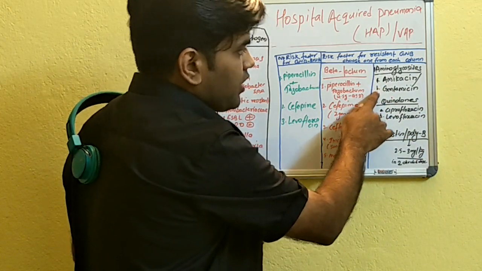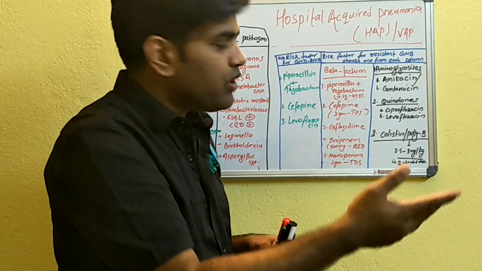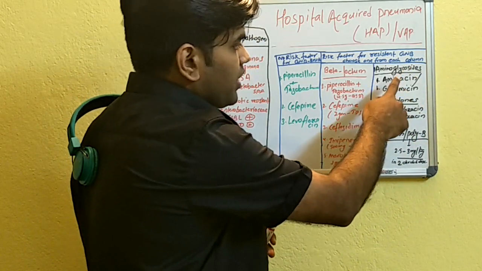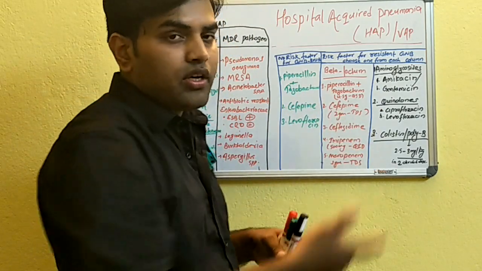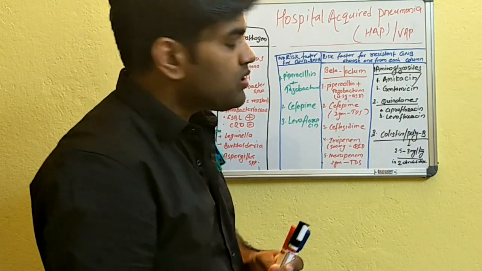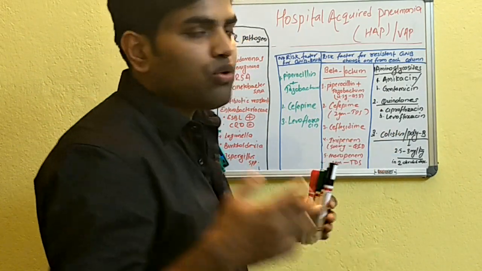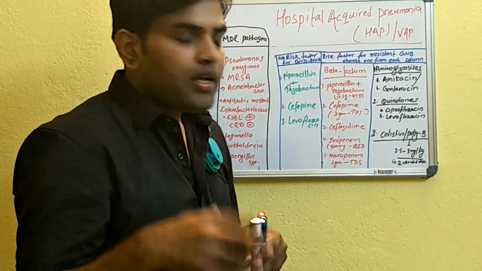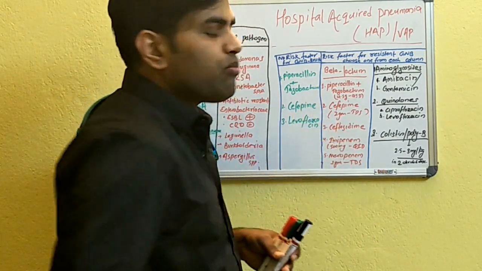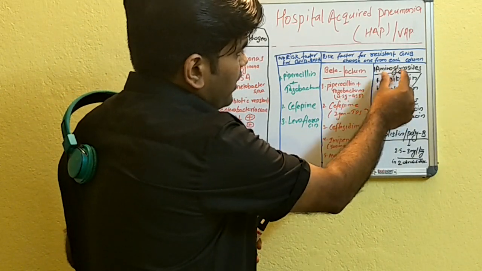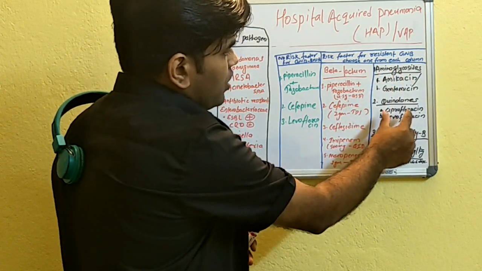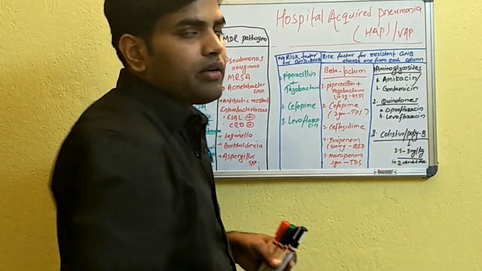But you choose one beta-lactam antibiotic, and with that, anyone from the other group. If you are not going to use an aminoglycoside for any reason, suppose there is renal toxicity and you cannot use amikacin, go for the quinolones group. If you cannot use that, or you think the organism may be resistant due to the local antibiogram of your hospital, then go directly to colistin or polymyxin.